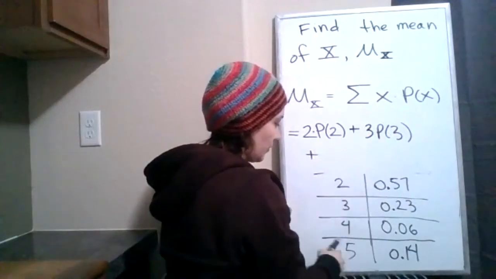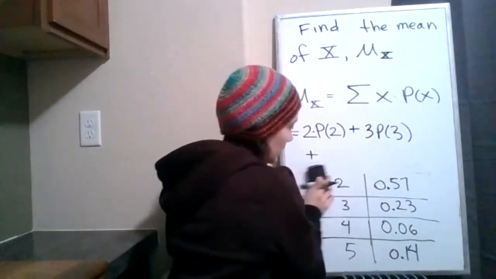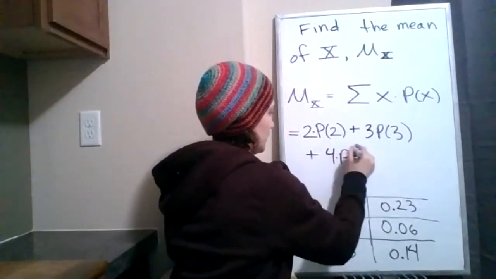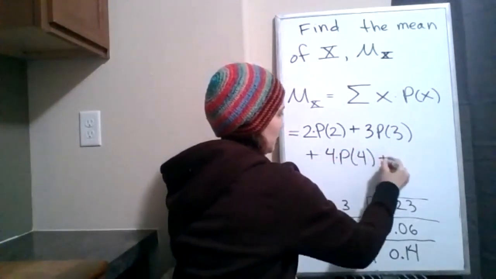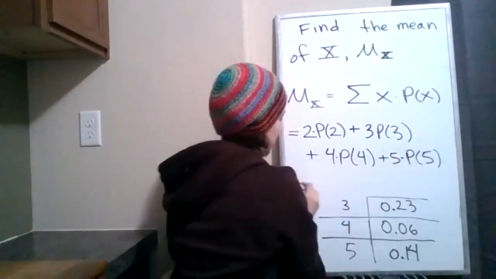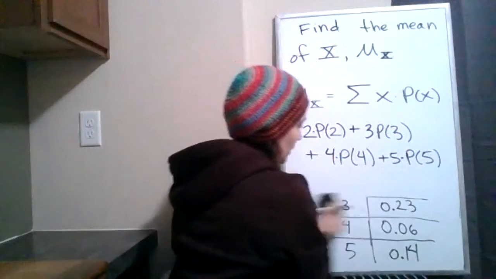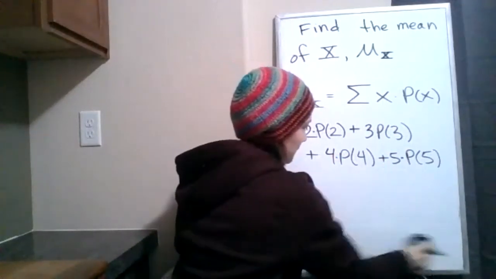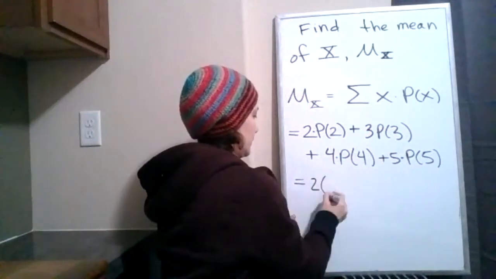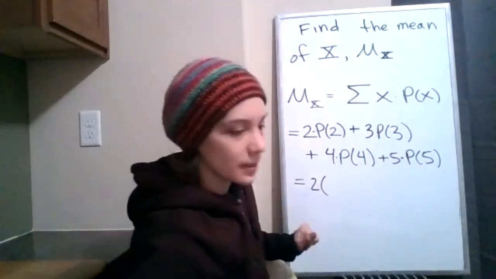Add 4 and then put in 5. Okay, 2 times 0.57.